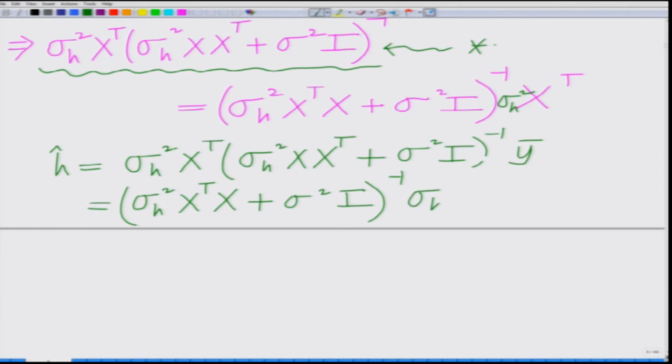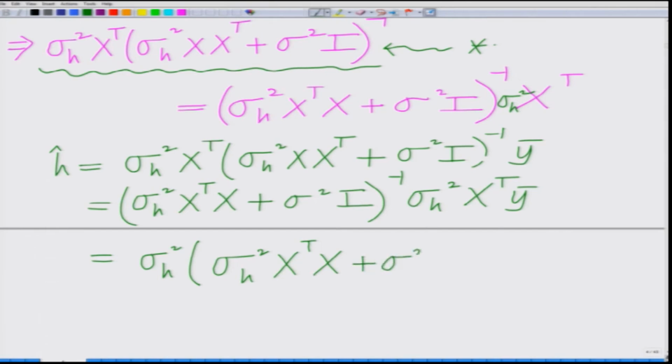So, sigma h square x transpose y bar. In fact, I can simply bring the sigma h square all the way to the left. I can write this as sigma h square times x transpose x plus sigma square identity inverse into x transpose y bar, that is your h hat, and this is the simplified expression.